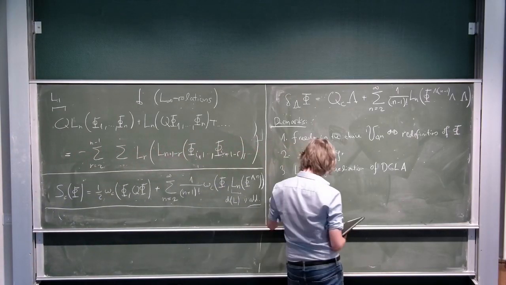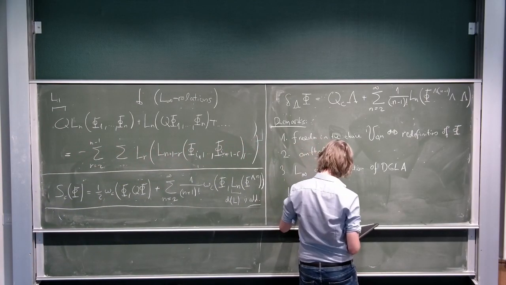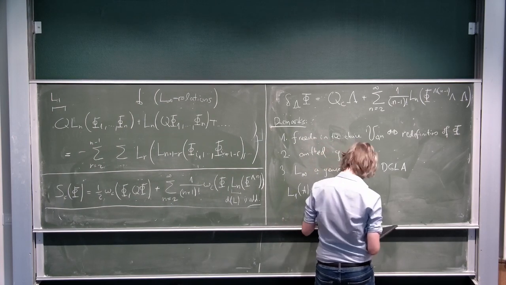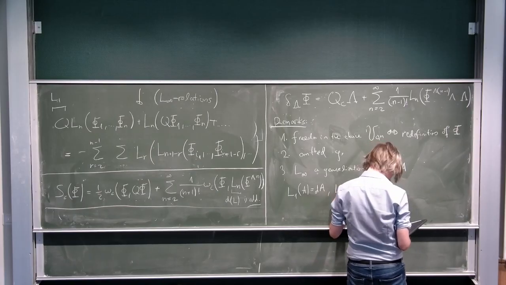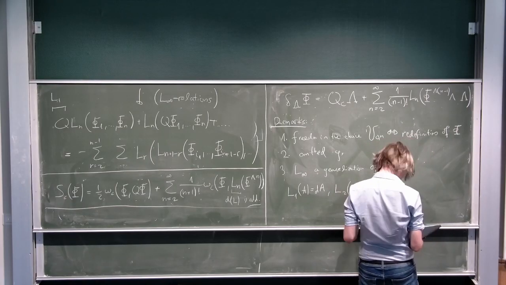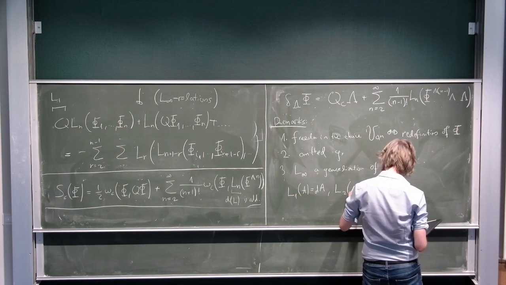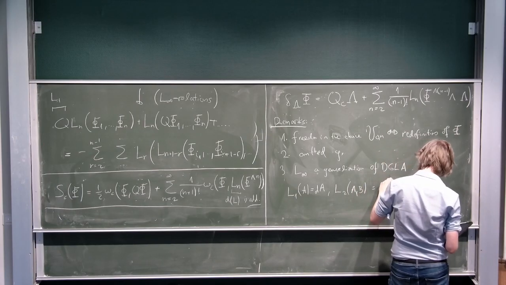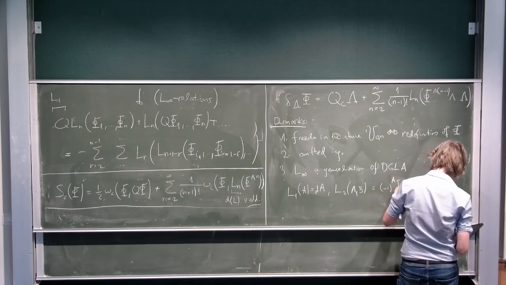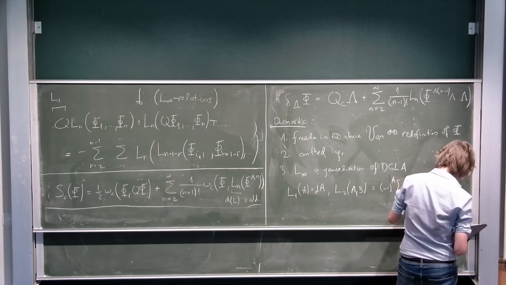So if we take this L1 to be just a differential on some graded vector space, and if you take L2 to be, up to signs, just a Lie bracket. This is a two bracket.